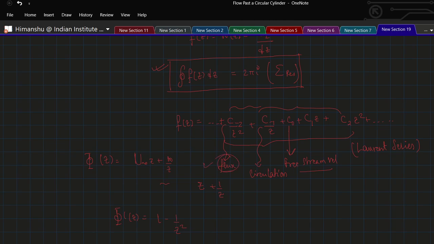This is an important term. Of course, this is also an important term, as it will be necessary to deal with the flow across an airfoil, the famous Kutta-Joukowski theorem.